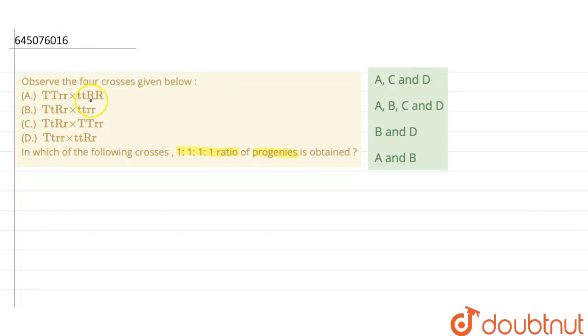Alright, so when we look at this cross, we can say that this is an example of a dihybrid cross where two characters are being considered. Let's take the most common example.